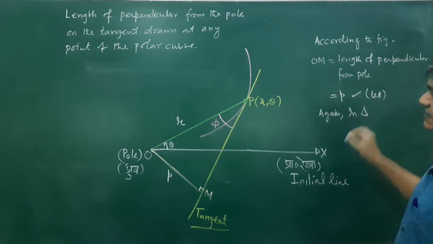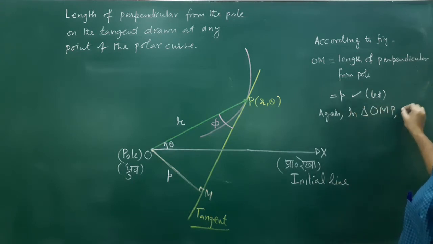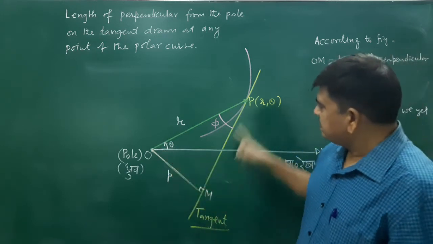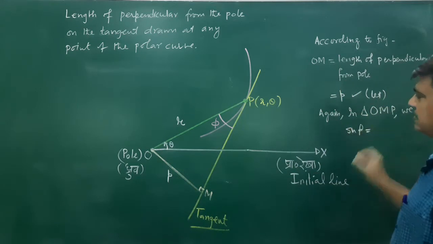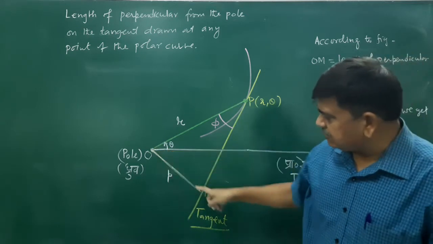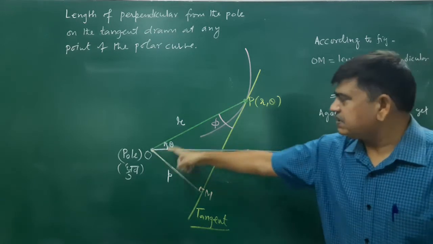Again, in triangle OMP, sin phi equals perpendicular OM upon hypotenuse OP.